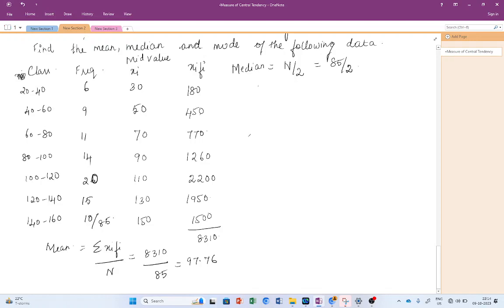So 85 divided by 2 is 42.5. So now you have to find the cumulative frequency table. Okay, so in the cumulative frequency table, the first value of your frequency should be taken as it is.